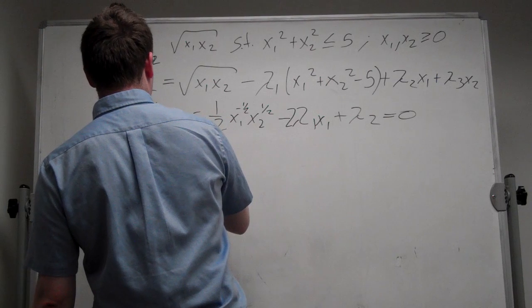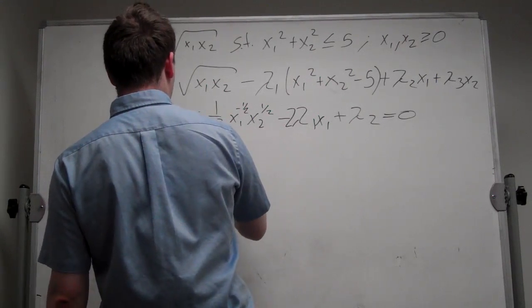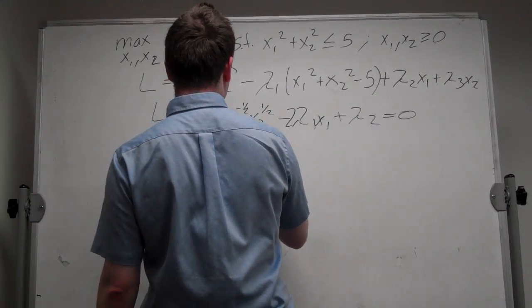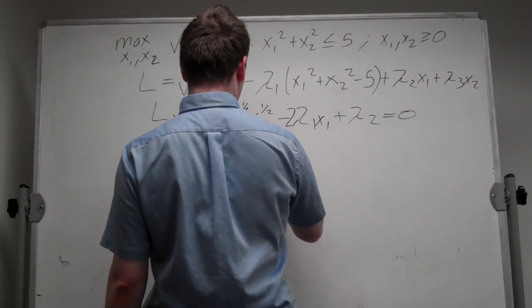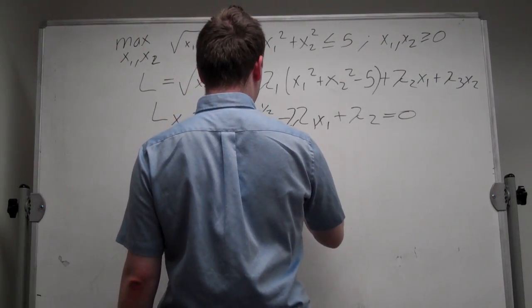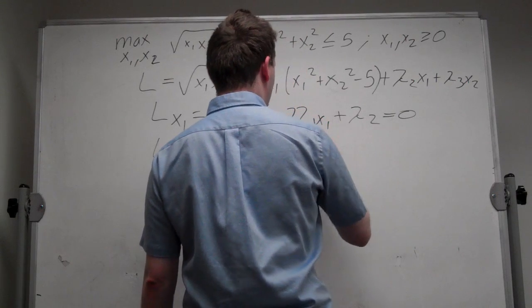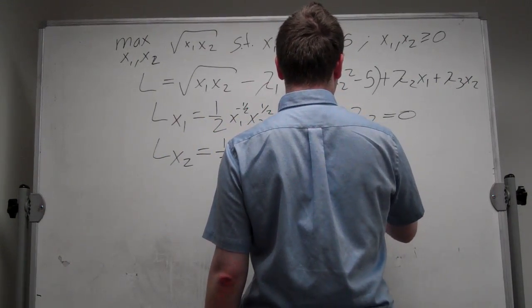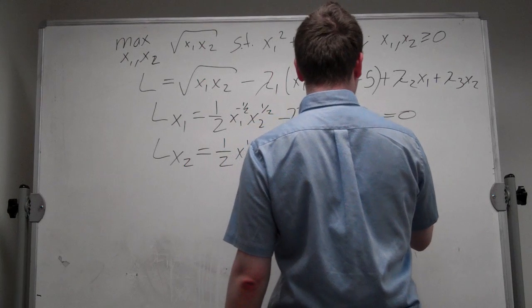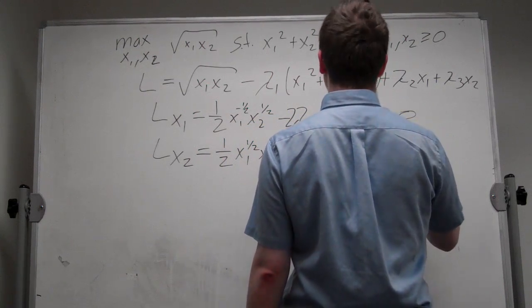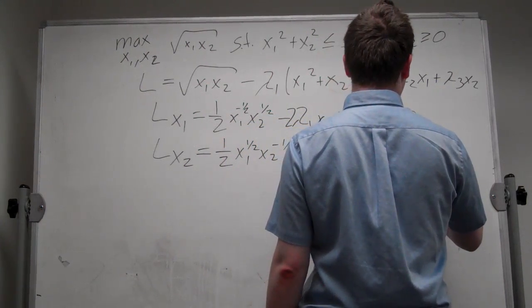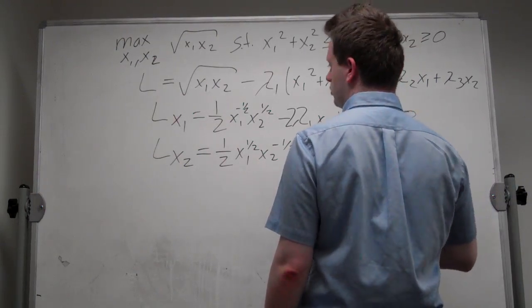Now the first order condition with respect to x2 is equal to 1 over 2 x1 to the 1/2 x2 to the minus 1/2 minus 2 lambda 1 x2 plus lambda 3 equals 0.